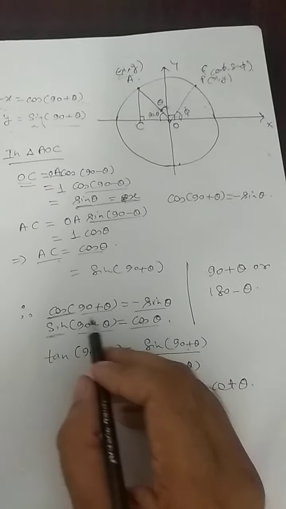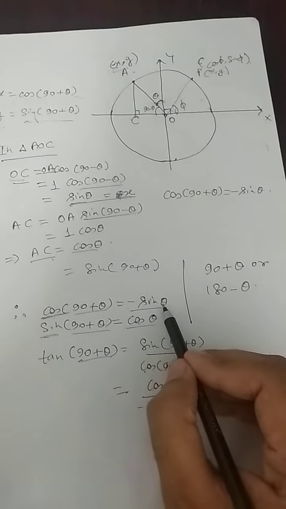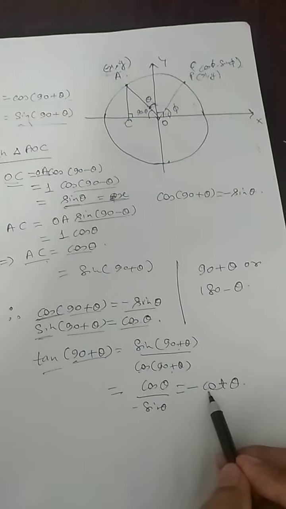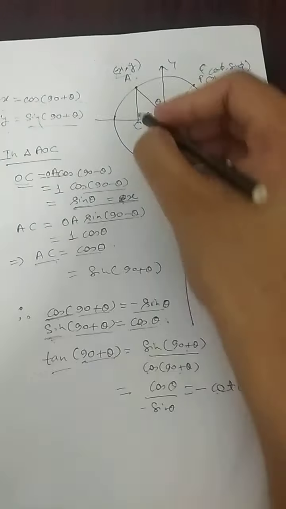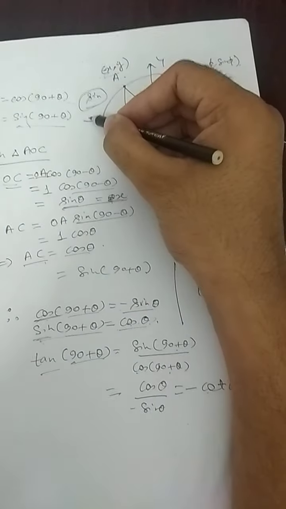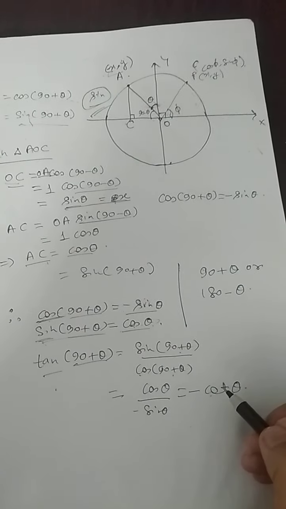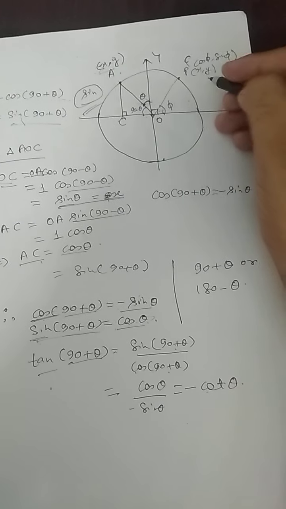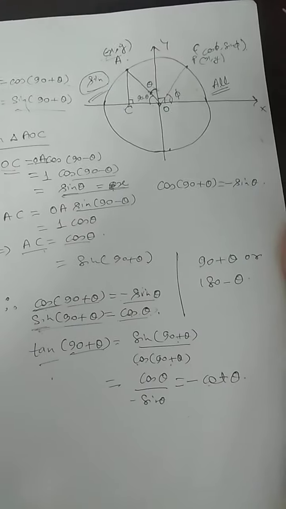So we can observe that in the second quadrant, where angles are represented as 90 plus theta, cos provides a negative result, sine provides a positive result, and tan provides a negative result. That means only sine provides a positive result. So we say the second quadrant is the quadrant of sine, because only sine provides a positive result, whereas cos and tan provide negative results. On the other hand, in the first quadrant, all the ratios provide positive results. So we write all, and in the second quadrant, it is sine.